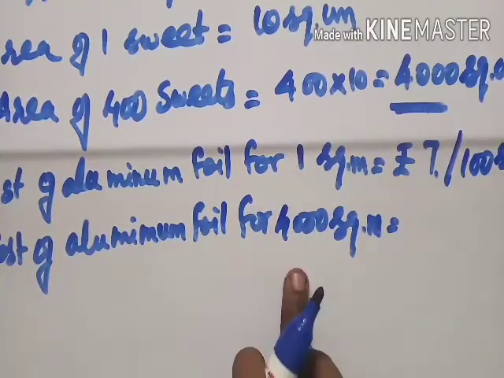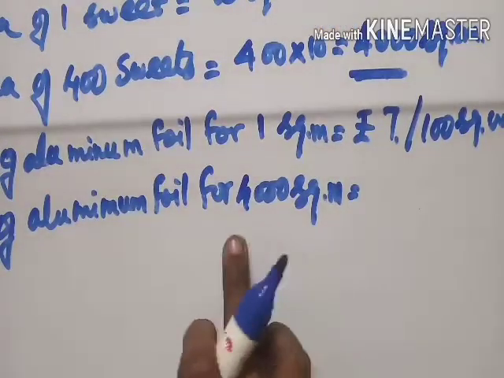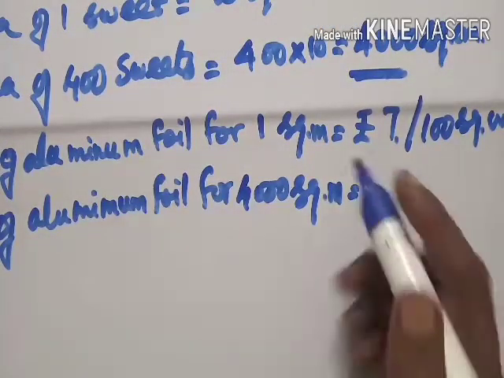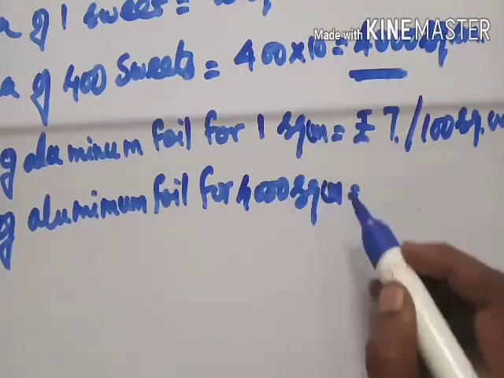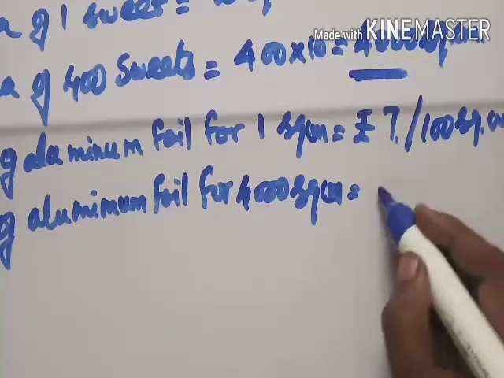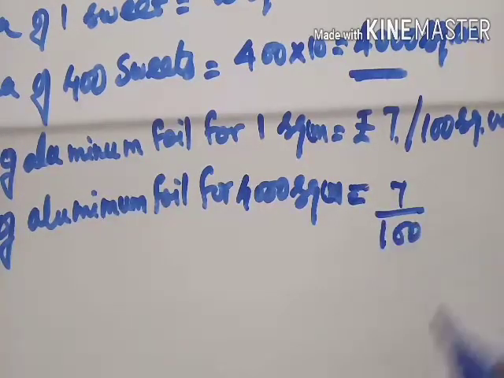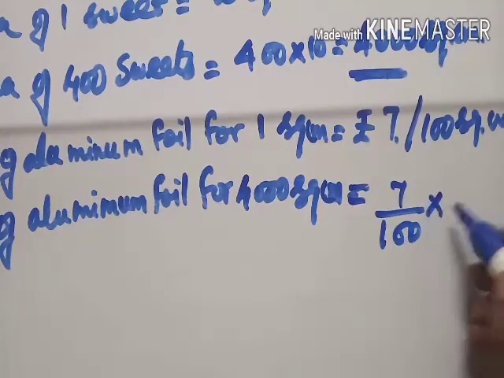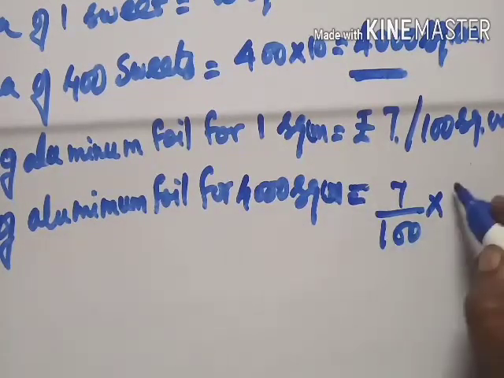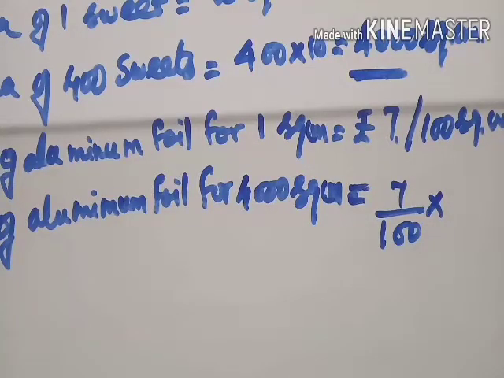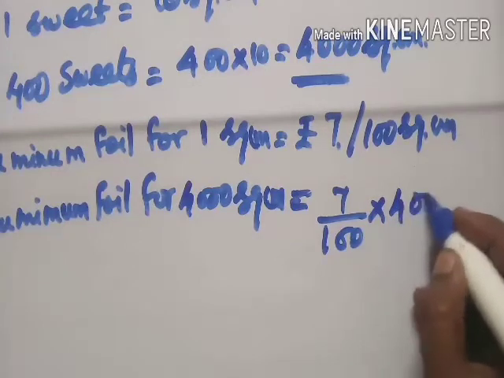So here we have to find out the cost for 4000 square centimeter. 7 rupees is for 100 square centimeter, so for 4000 square centimeter, 7 by 100 into 4000.